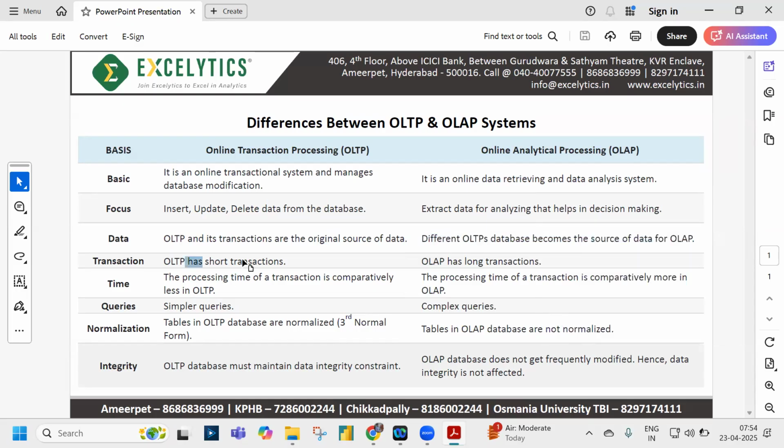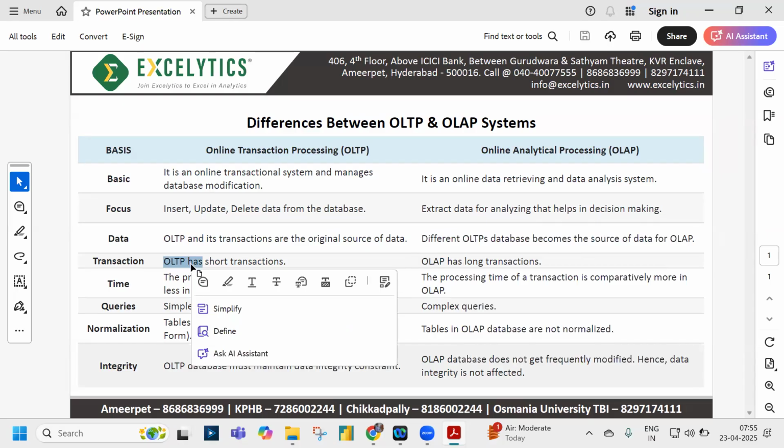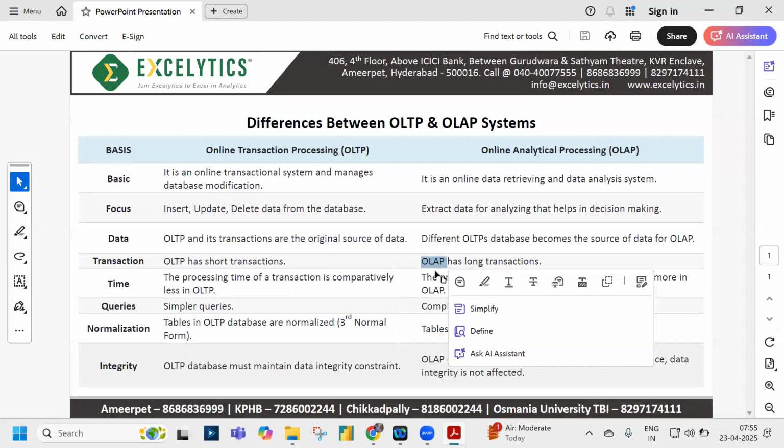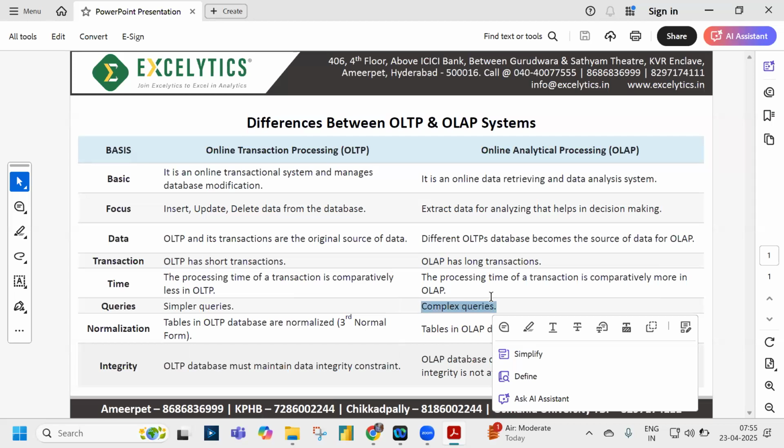OLTPs have short transactions, and OLAP has long transactions. A simple example: an ATM is OLTP because it manages transactions, and they are usually short. But analytical work usually takes more time and involves long transactions because of the complexity of the queries we write.